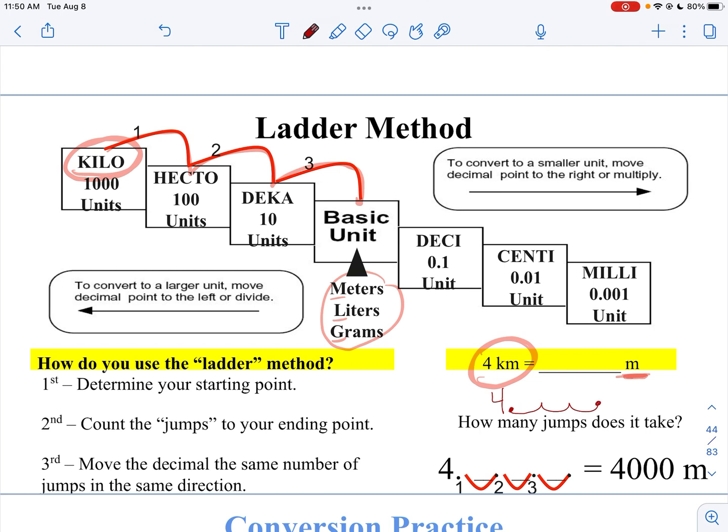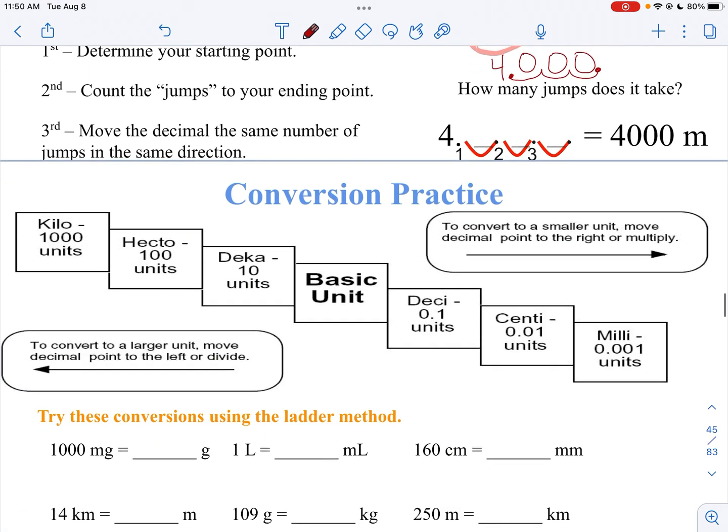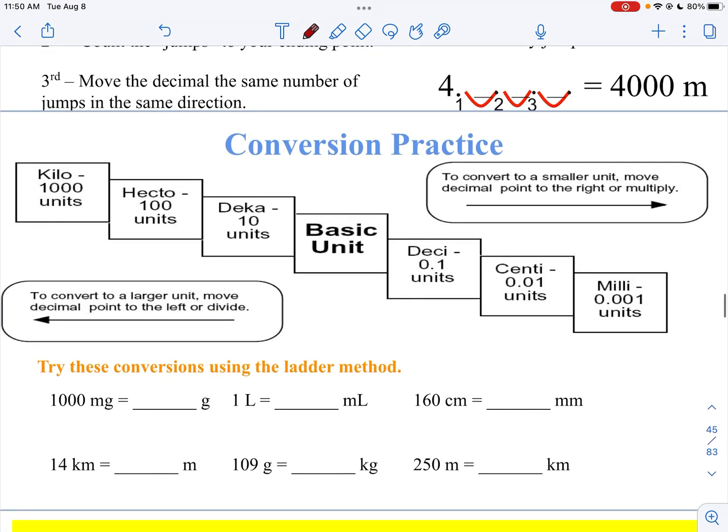So I'm just going to move it 3 times. And then I think of these like little baskets that need a little egg in them, right? So now my new number is 4,000 meters.